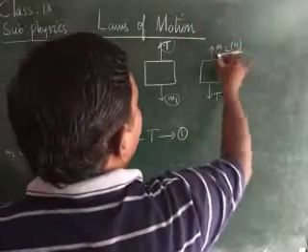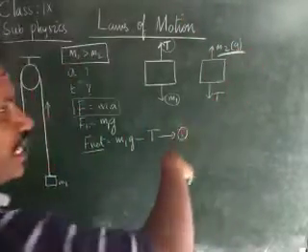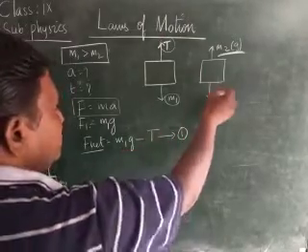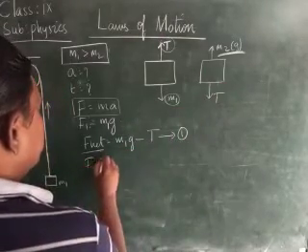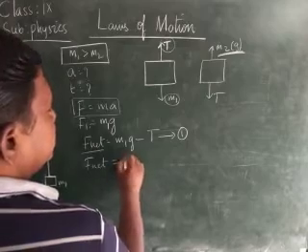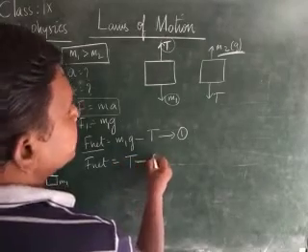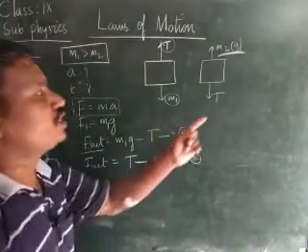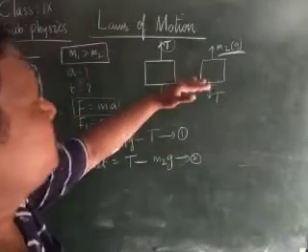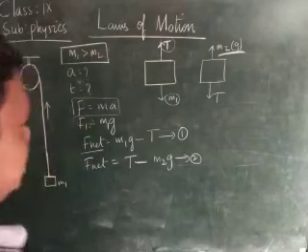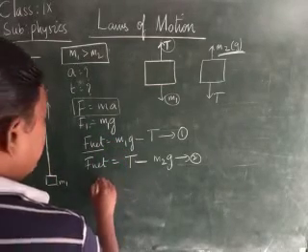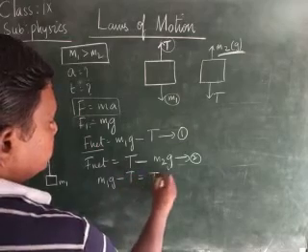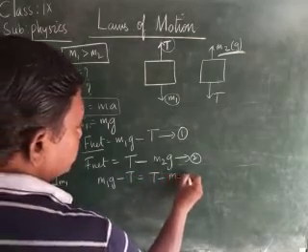It is moving against gravity, therefore we take it as minus g. Therefore the net force in the second condition is taken as T minus m2g. Why? Because when it is moving in the upward direction, tension is greater. Therefore, as these two are equal, m1g minus T is equal to T minus m2g.